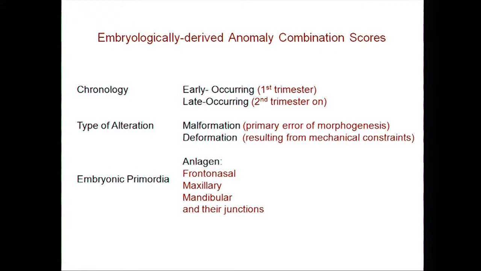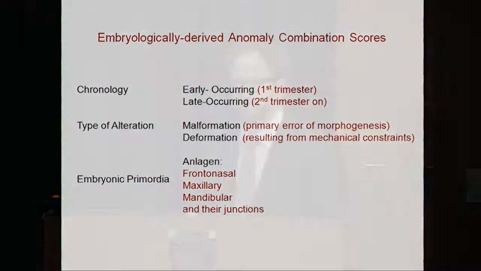And then the embryonic primordia that you just saw can be easily divided into these three regions and their junctions. So this is the type of approach that we use. And it also is useful because it serves as a data reduction device.